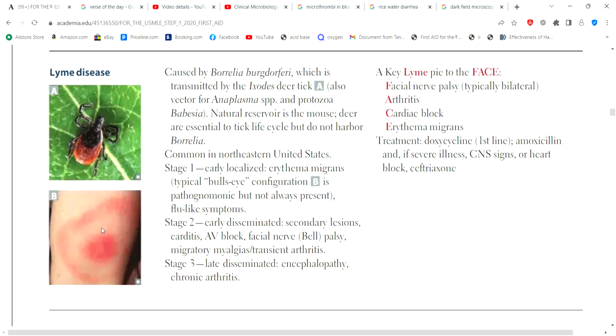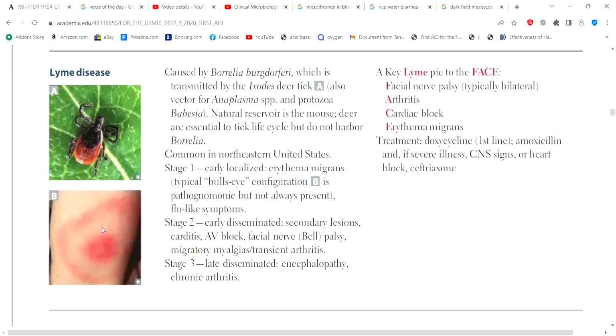Okay, so this Borrelia is transmitted by the Ixodes deer tick. The Ixodes tick also transmits Anaplasma species and Babesia. Remember Babesia; the thing that causes babesiosis is transmitted by the Ixodes tick.